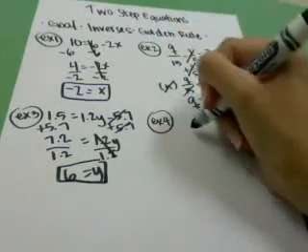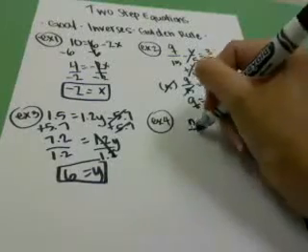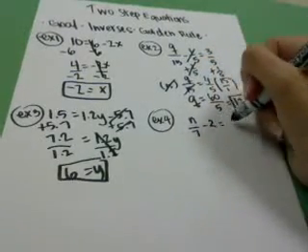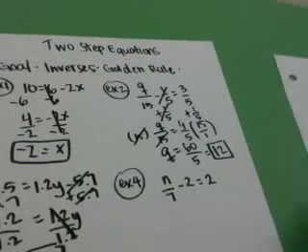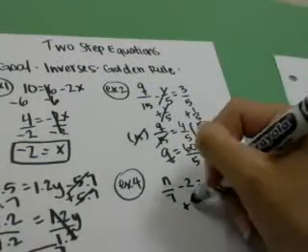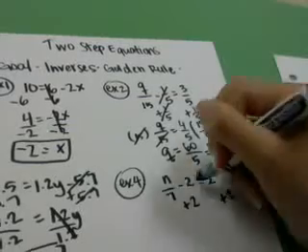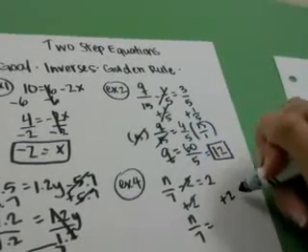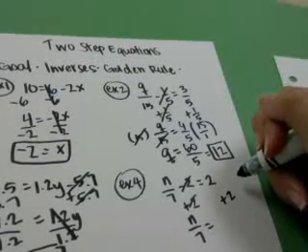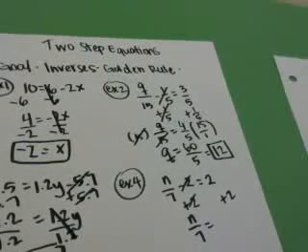Example number 4. N divided by 7 minus 2 equals 2. N is being divided by 7 and subtracted by 2. The opposite of subtract is add. Oh, sorry, I think I wrote the problem down wrong.